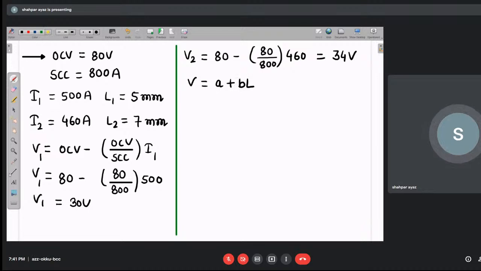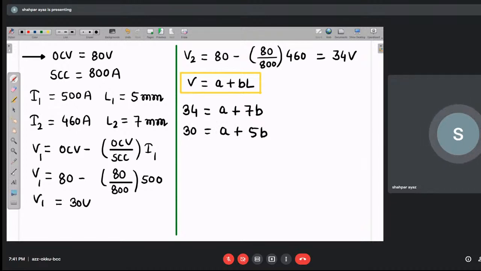V2 is 34, and A plus 7B, that is 460 ampere current for 7 mm, equation number 1. And next is your 30 volt, A plus 5B.